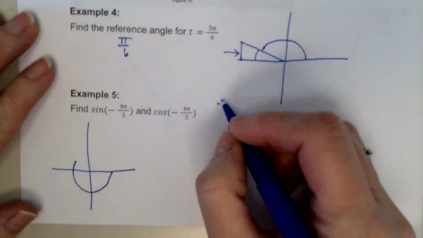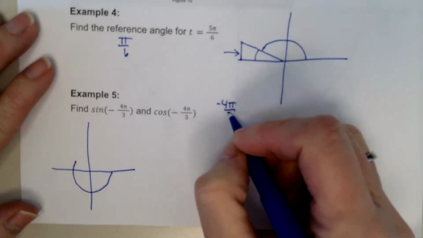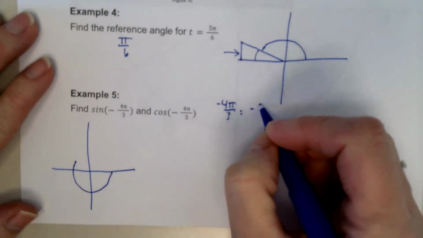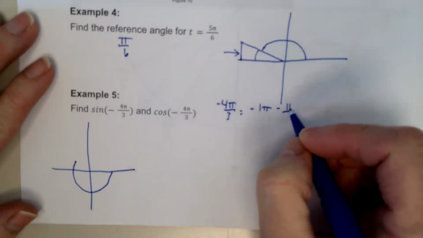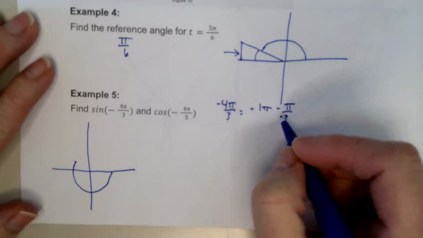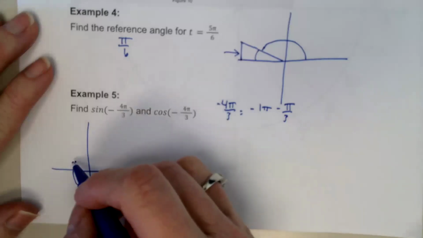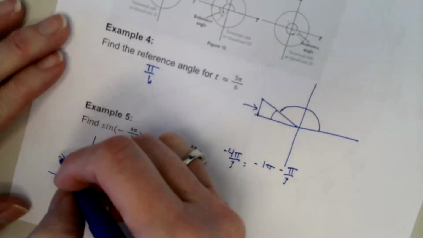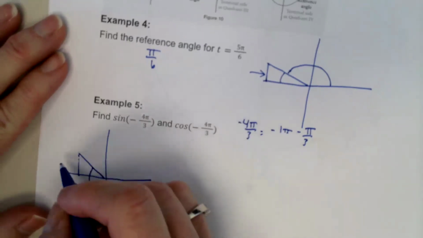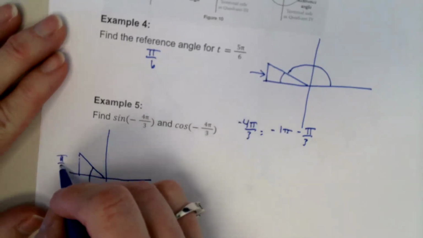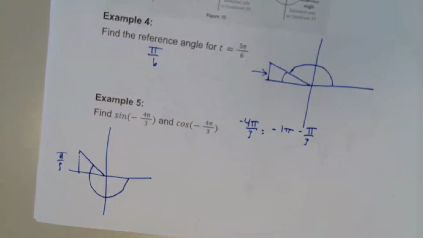So negative 4 pi over 3 is a negative 1 pi, and then another negative pi over 3, another third. So we're going a third this way. So we're into this quadrant, so pi over 3 is our reference angle there.